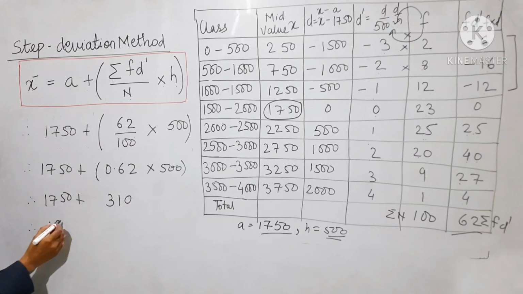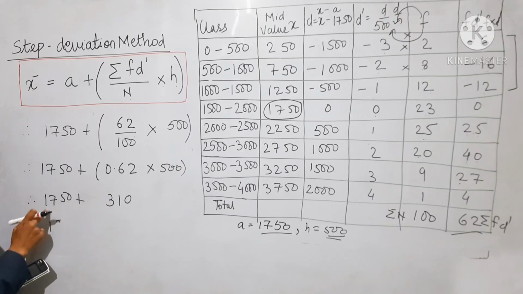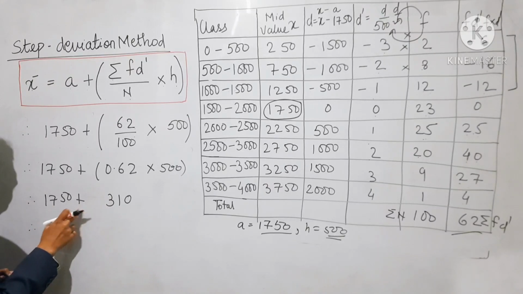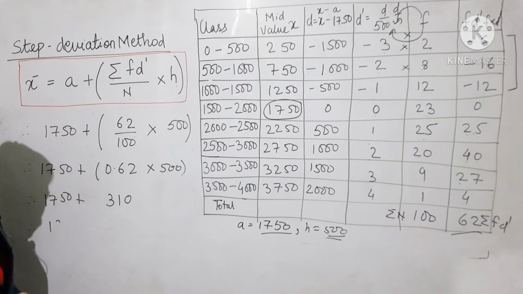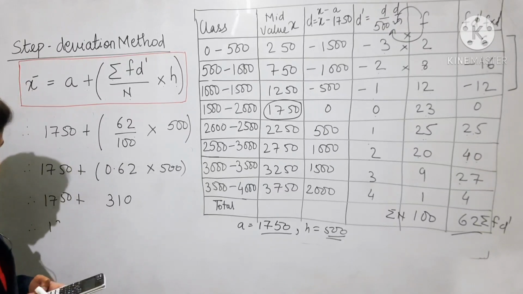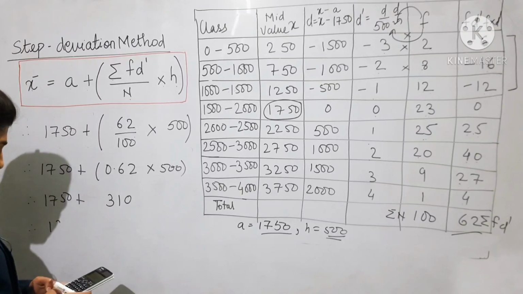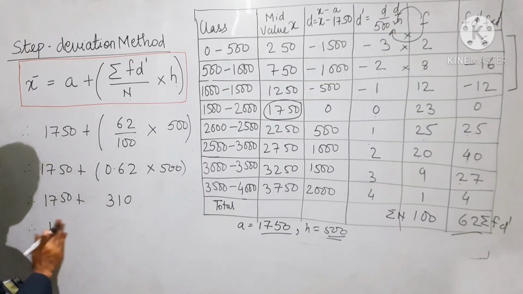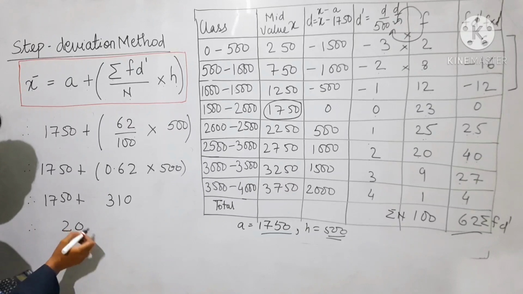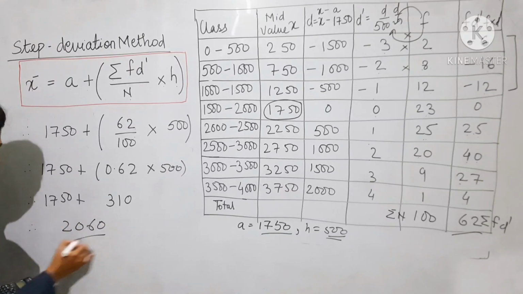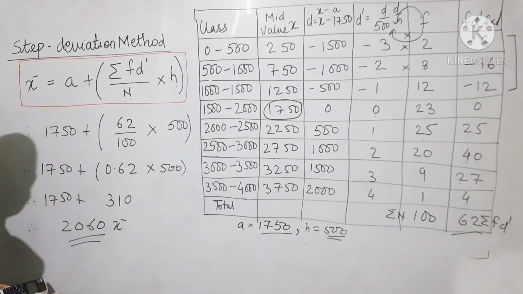Therefore 1750 plus 310, 2060. So X bar is equal to 2060.